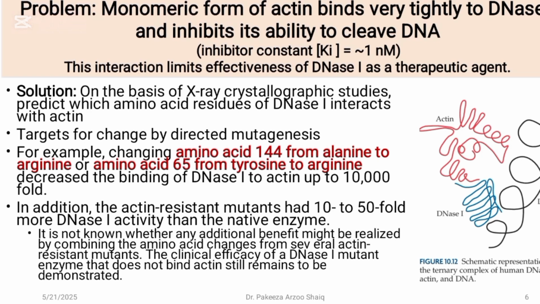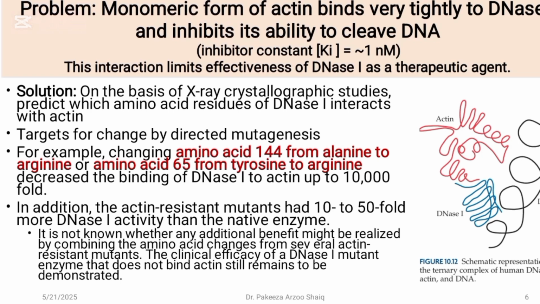And so the actin-resistant mutants were synthesized, and they had 10 to 50 fold more DNase 1 activity for cutting the DNA coming from the bacteria as compared to the native enzyme. Keep in mind that it is not known whether any additional benefit might be realized by combining the amino acid changes from several actin-resistant mutants.